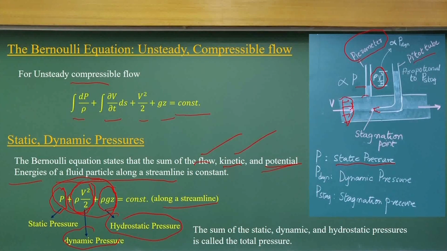Using the pitot tube, which is a tube inserted with a sharp point to raise the fluid inside the tube, we measure both the dynamic pressure as well as the static pressure. Since we know the static pressure, you just compute the dynamic pressure. The stagnation pressure is the sum of static pressure and dynamic pressure.